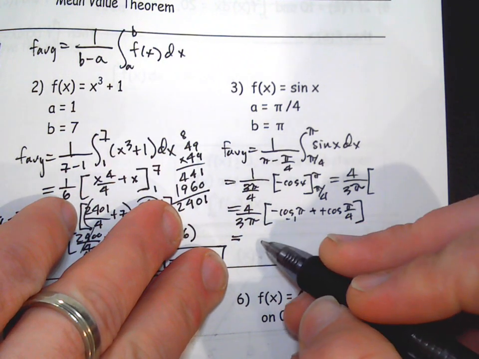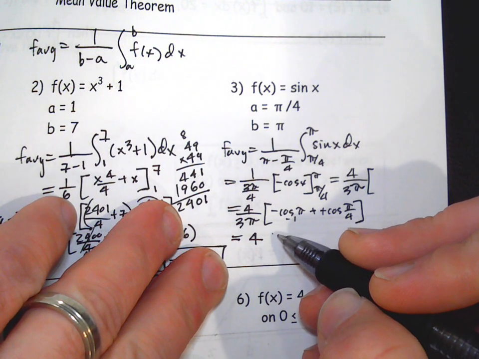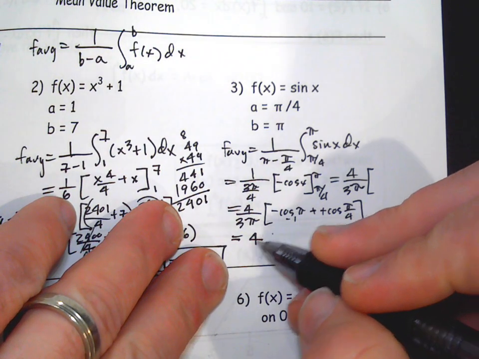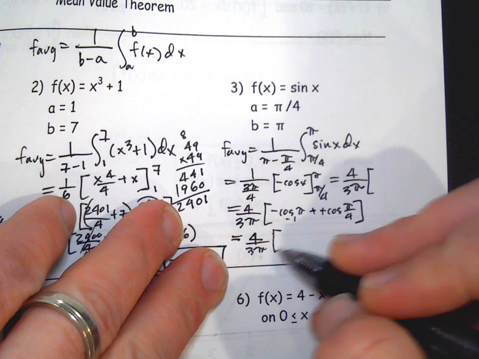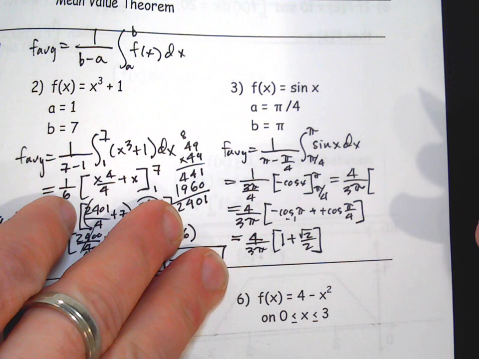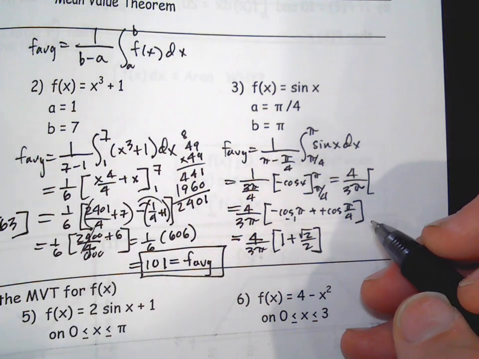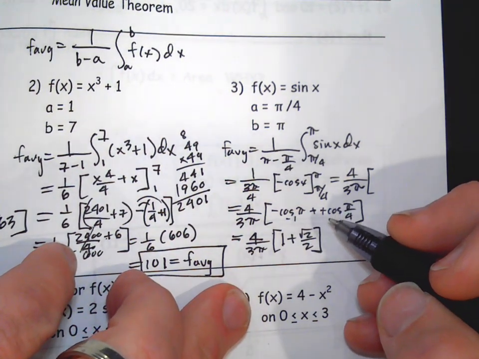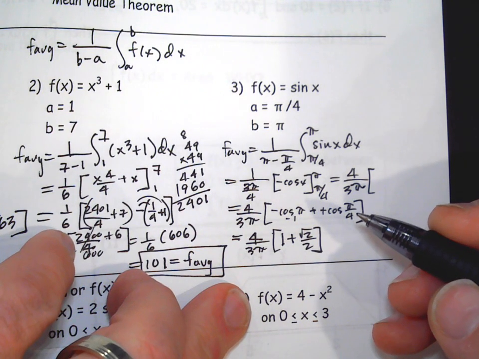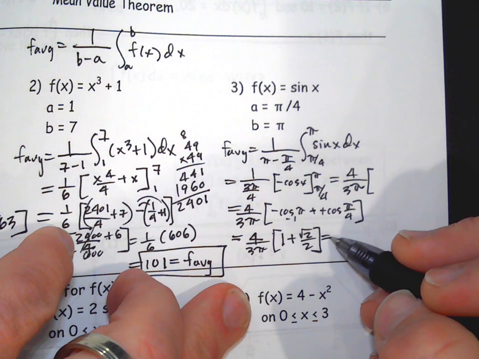Let's see, 4 over 3 pi times the quantity 1 plus root 2 over 2. Then we would distribute this, but let's just think of how we can simplify this.